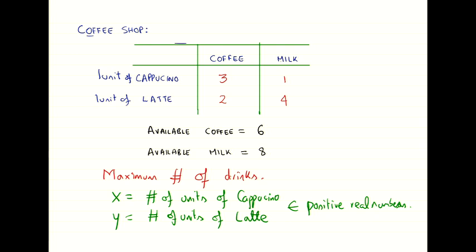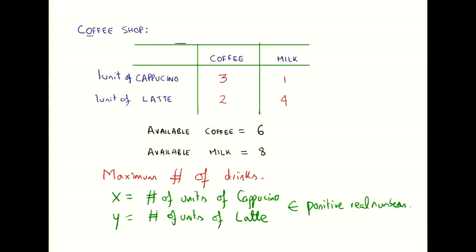So if you make x units of cappuccino and y units of latte, you will need 3x plus 2y units of coffee.